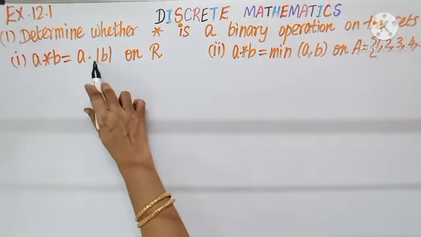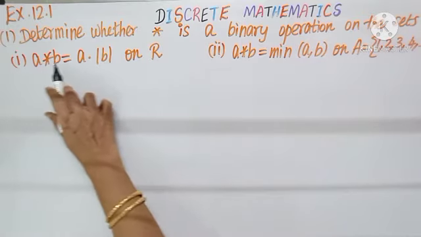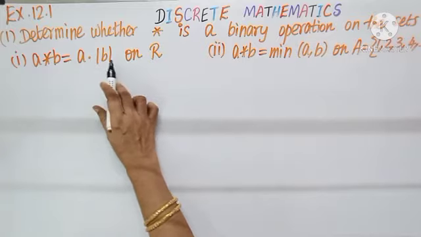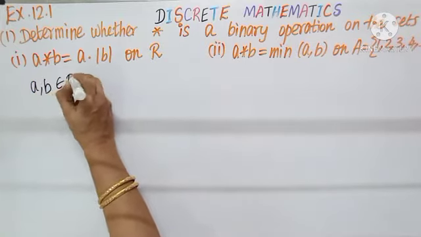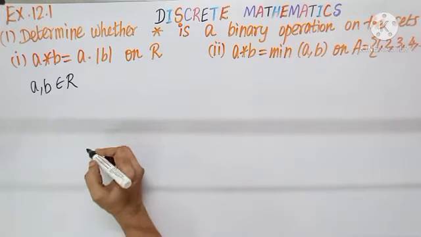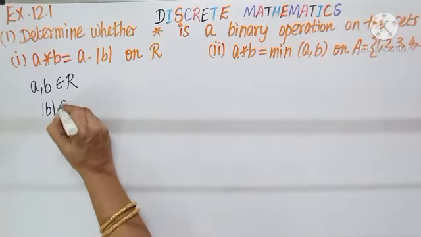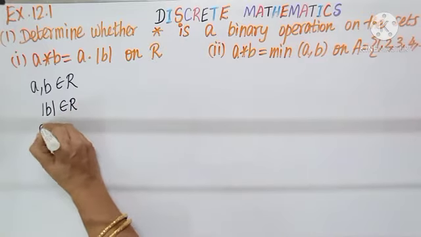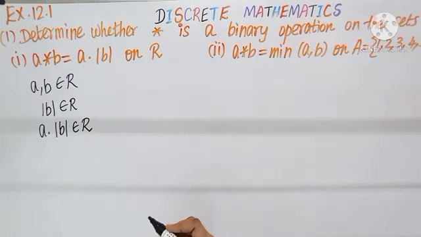Now the question is A dot mod B. A star B is A dot mod B. Let us take A comma B belong to R, any two elements. What about mod B? It is positive and so it belongs to R. A dot mod B also belongs to R. So what is the binary operation definition?